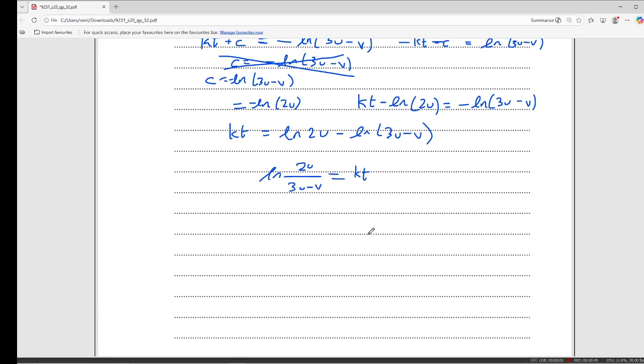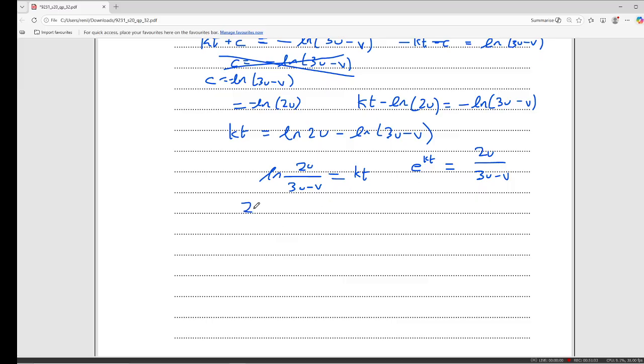I think now we can write this as e to the power of kt equals 2u by (3u minus v). So yeah, I think we can do that.